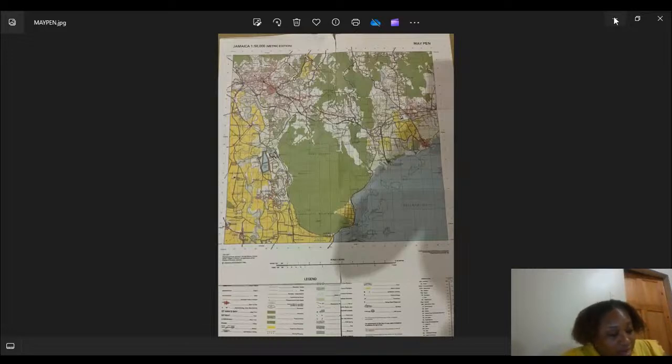So on either side, the river is running through. So you have settlement located on either side of that river. Also, you see that rivers are running through those areas where you have the settlements located.